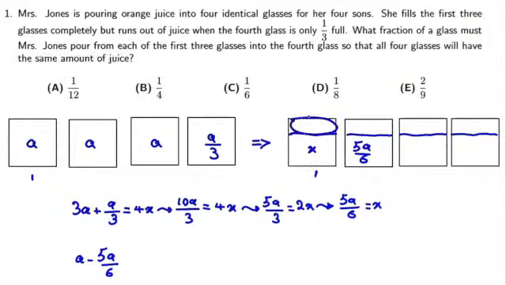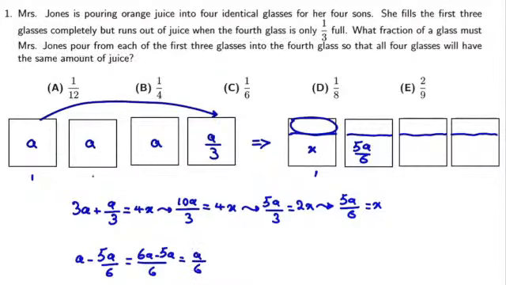This part is the amount that we pour in the last glass. So A minus 5A over 6 is what? If we consider common denominator, 6A minus 5A, it will be A over 6, or 1/6 of each of these 3 glasses.